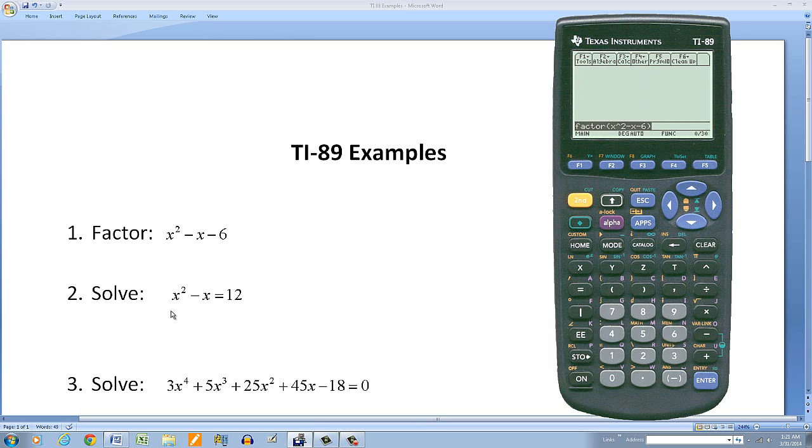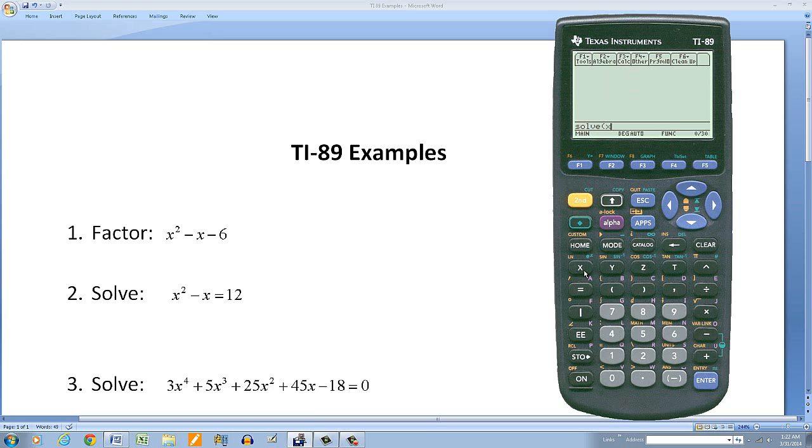The next one is solve an equation. This is a quadratic equation, which you can solve by factoring, or use the quadratic formula if it isn't factorable, and so forth. But with the calculator, all we have to do is get the solve command. So number 1 is solve.